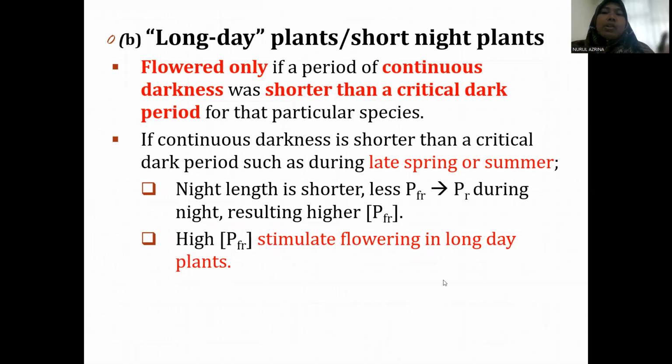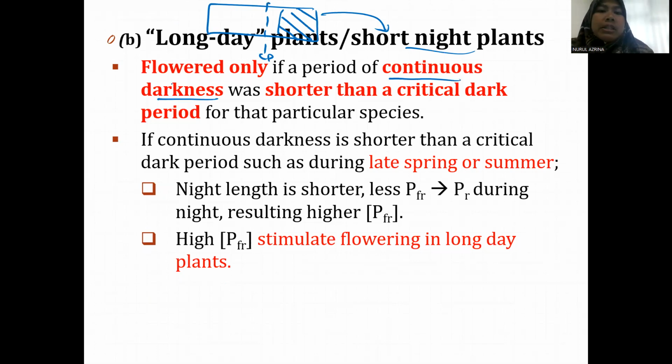Okay, so short night plant. Remember, short night plant requires shorter continuous dark period than the critical period for it to flower. Okay, so short night plant will only flower if the continuous dark period is shorter than the critical period. Okay, right. So what happened?